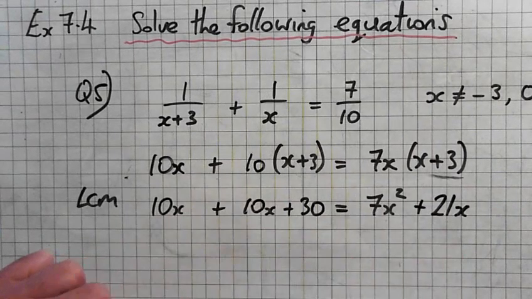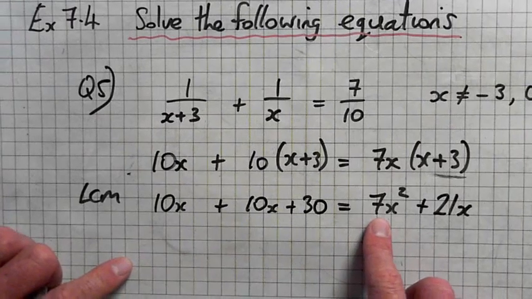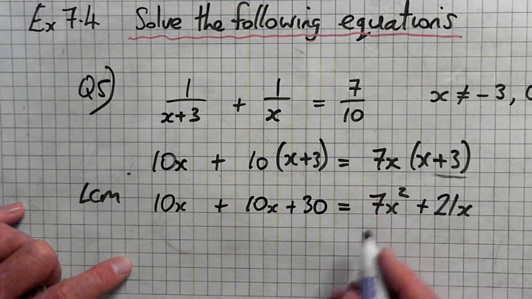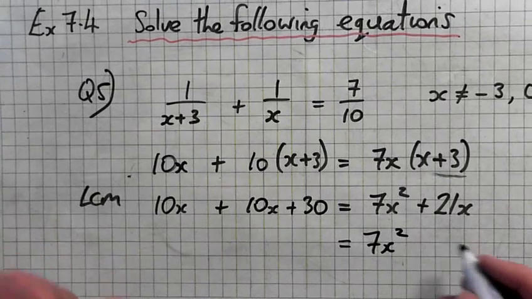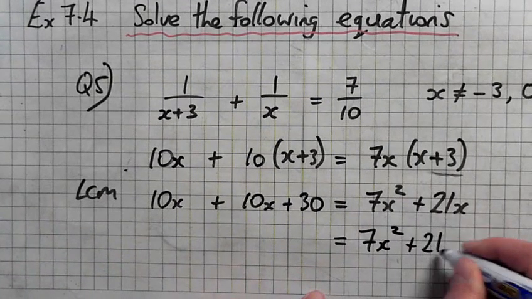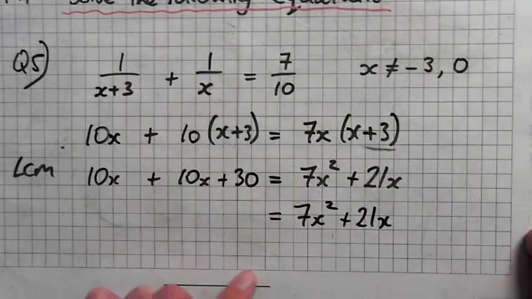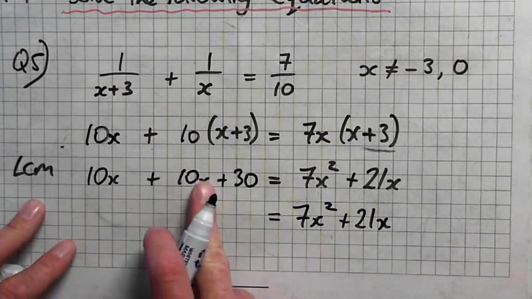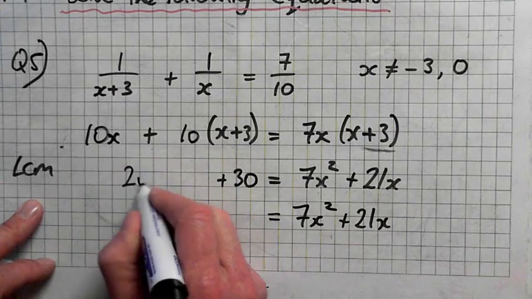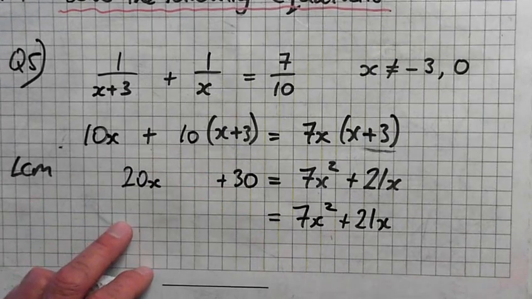Now I'll bring everything to, well, x squared must be positive. So I'll bring everything to the right. The 10x and the 10x add up to 20x there, don't they? I'll bring that over.